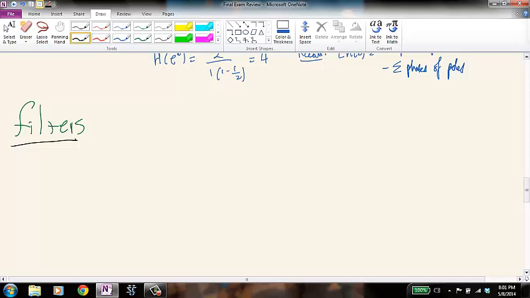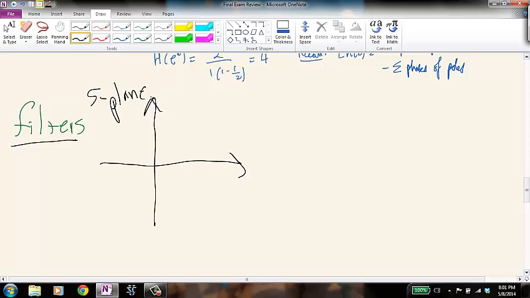So I went over filters sort of in the Z domain. So we'll do one in, say, the S domain, or the Laplace transform. So in this case, this is S. Right, so in the Z case, it's the unit circle that gives us the frequency response.